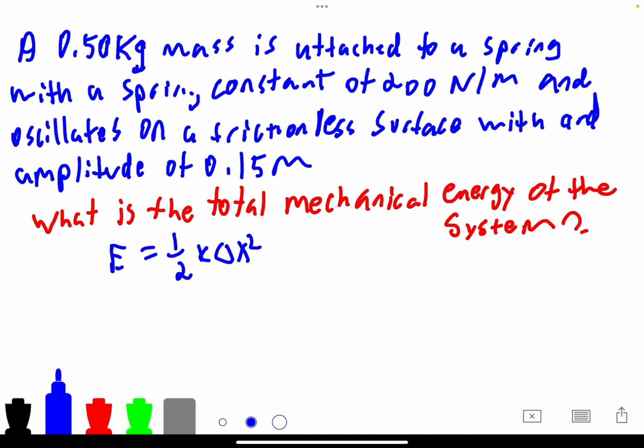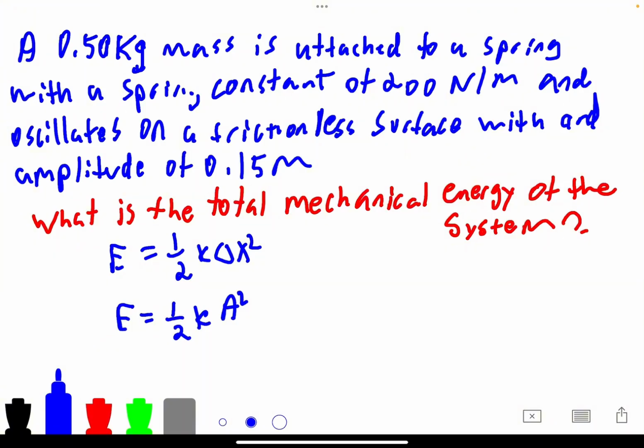That being said, this is a spring, and this is the energy inside of a spring. However, we know that in simple harmonic motion, there is something known as amplitude, which is a holder for the displacement. So we can rewrite this as 1/2 k A squared, and then plug in the points.